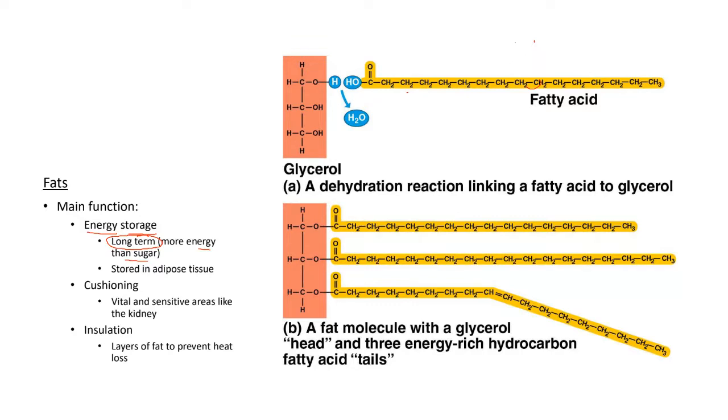Okay, now understand this. This is energy storage, but this is for long term. I just told you about polysaccharides. Polysaccharides are for short-term energy. You eat something, you break down polysaccharides into glucose, and you use that glucose right away to give you energy. Then what happens if you have an excess amount of glucose?